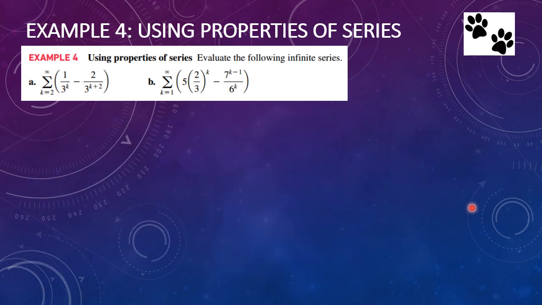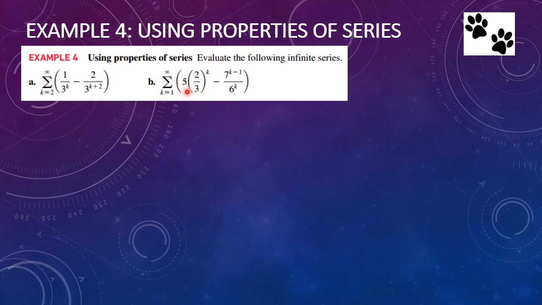All right, let's look at our next problem, B. Again, we know that we can separate these into two series: the infinite series value of the first minus the infinite series value of the second.